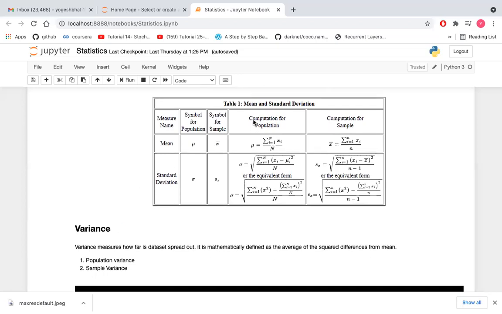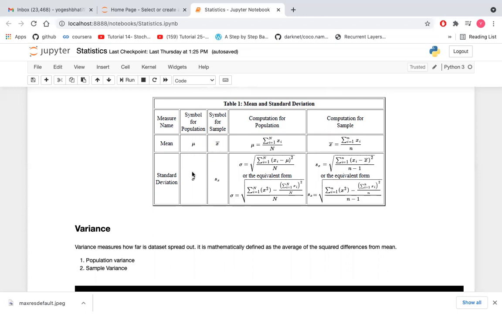Here you can see in the table, for the population we use mu for the mean and x bar for the sample. This is how we calculate the mean for the population, and this is how we calculate the mean for the sample. Now for variance, it is sigma square for the population and s square for the sample.